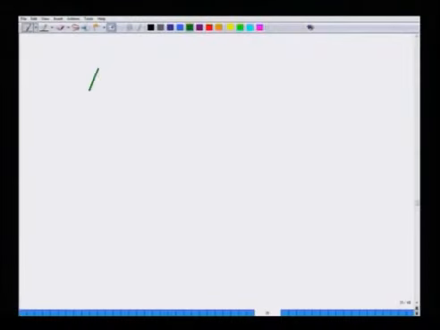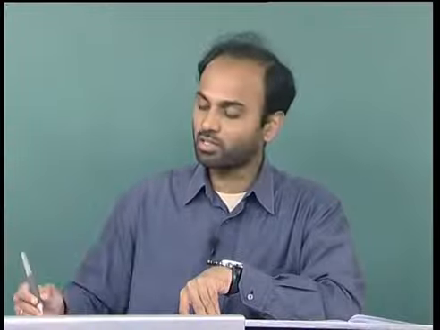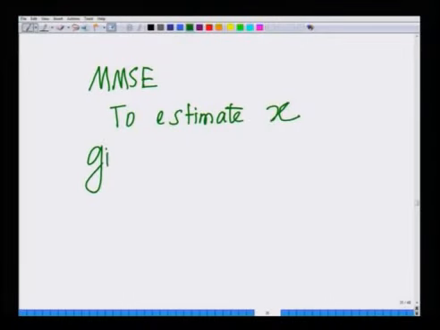The paradigm is as follows: the problem is to estimate some scalar quantity x given a set of observations y 1, y 2, up to y r, that is an r dimensional vector.